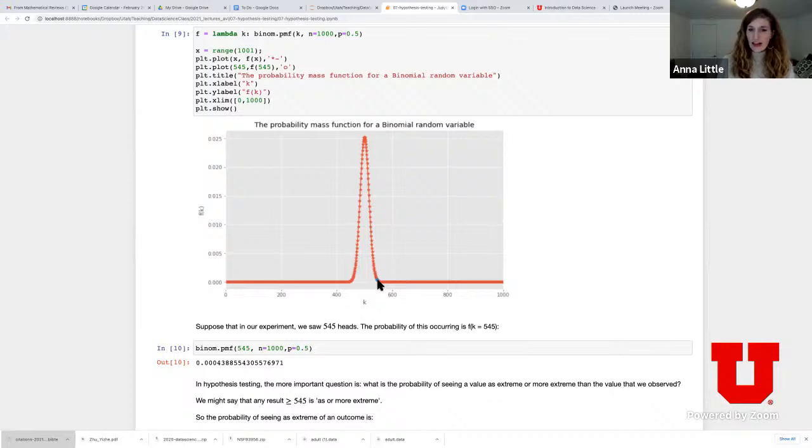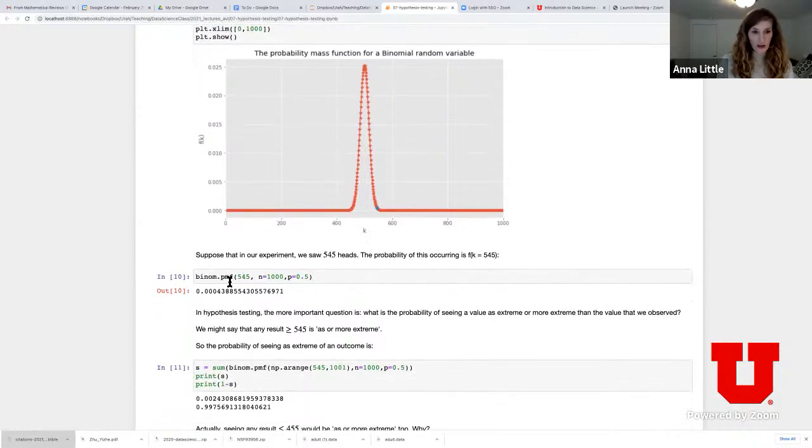Okay, so we can think how likely 545 heads is for a binomial distribution with n of 1,000 and p of 0.5. We know how to evaluate that with the binom.pmf function, and we see it is very unlikely, there's only a 0.0004 chance of observing that outcome.